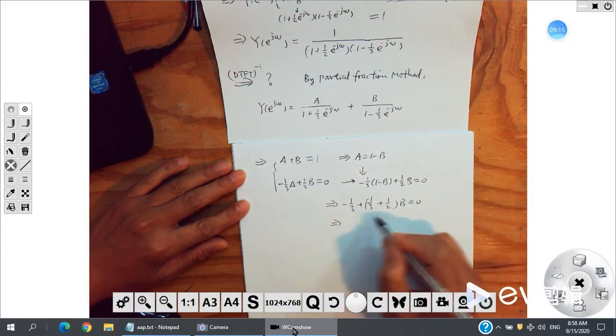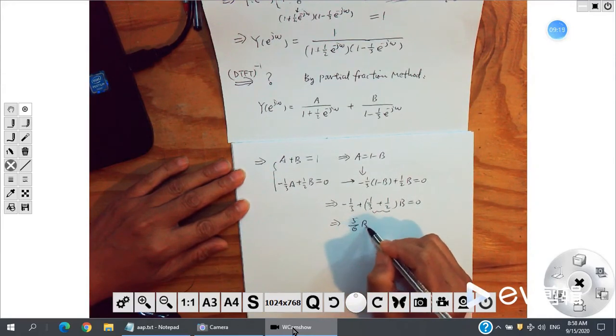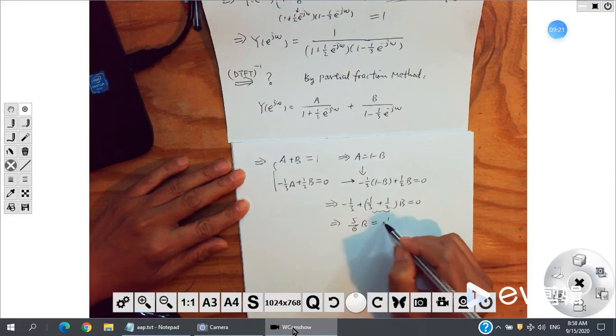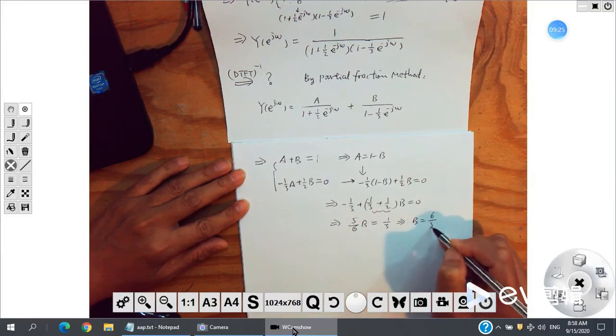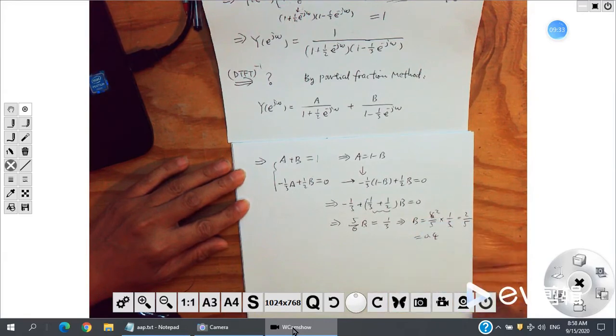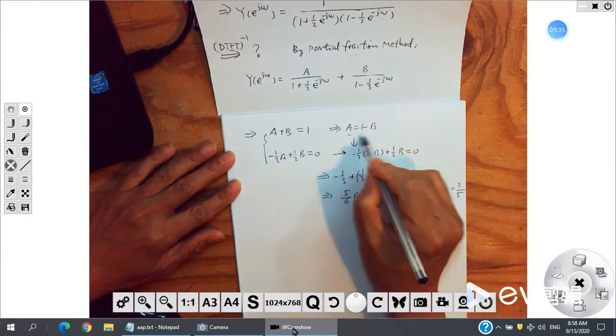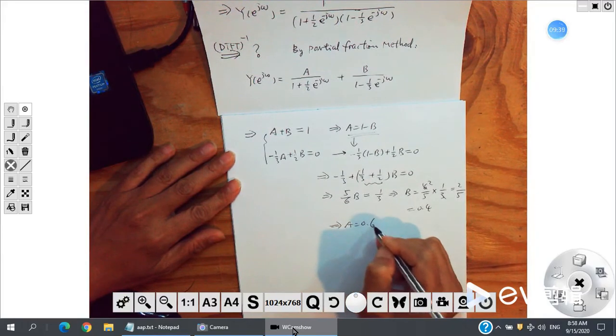Summing, I get 5 over 6 b equal to 1/3. So b equal to 6 over 5 times 1/3, cancel these, and I have 2 over 5. Yeah, it's 0.4. And a is 0.6, right?